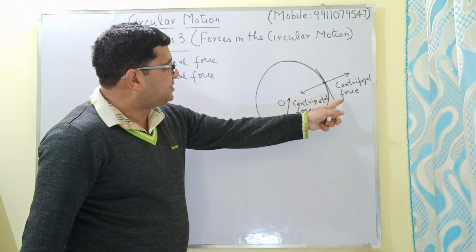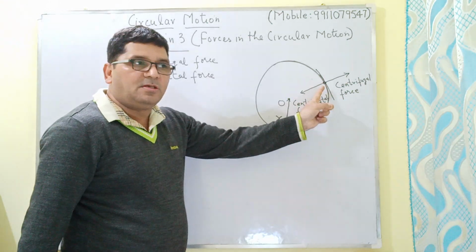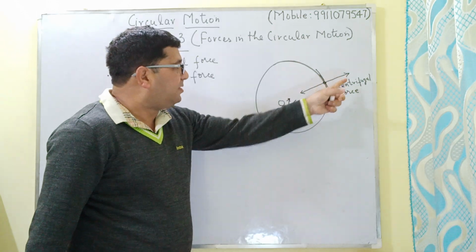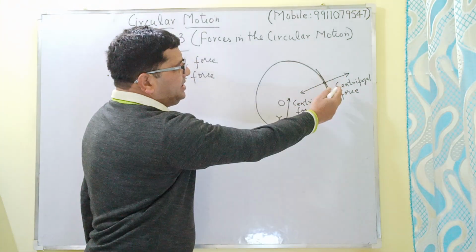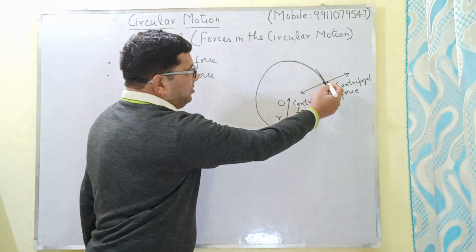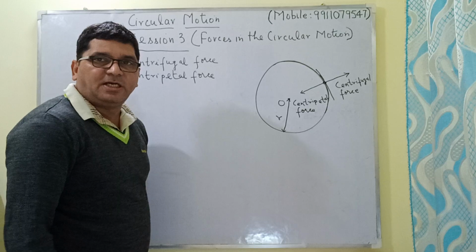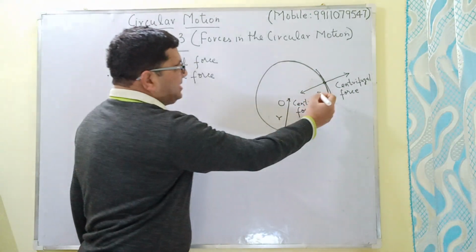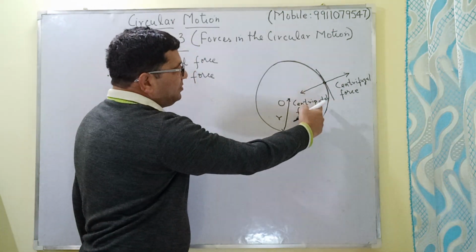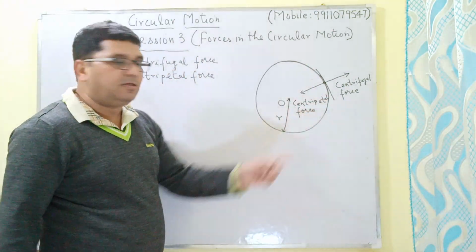The centrifugal force is directed outward, and the angle made by this centrifugal force with this tangent is 90 degrees. So centrifugal force is directed radially outward, and the centripetal force is directed radially inward, also making an angle of 90 degrees with this tangent.